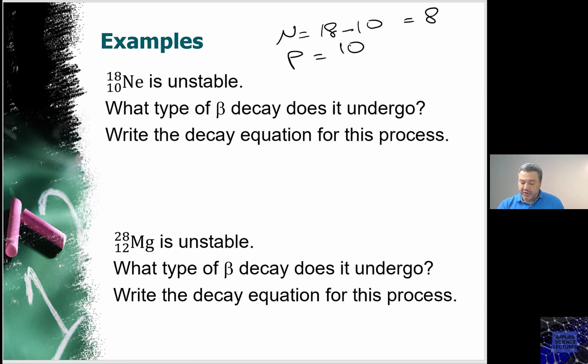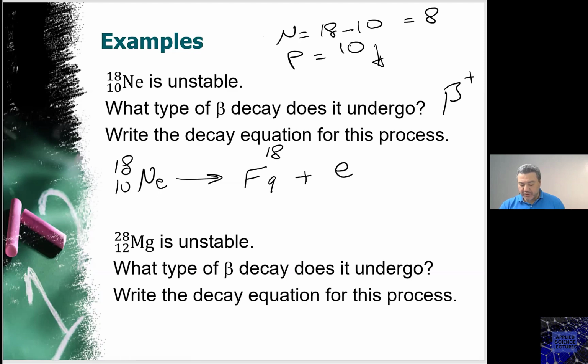So we need a decay that would decrease the Z number, which basically means beta positive decay, because beta positive is going to result in decreasing the Z number. So here I have Ne-18 with Z of 10 resulting in F, also 18. However, now the number went down to 9, plus the positron plus the neutrino.